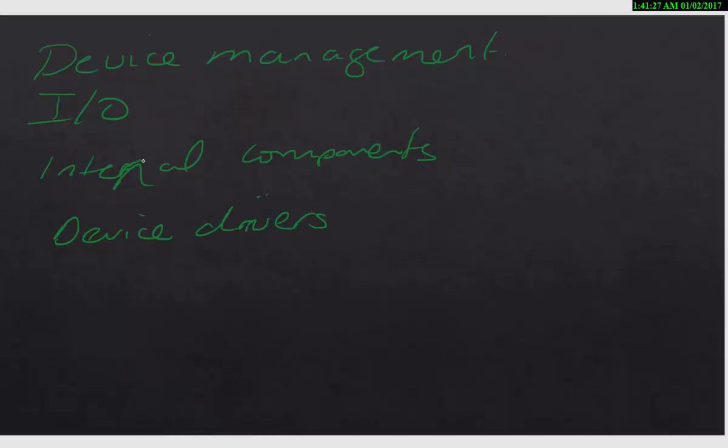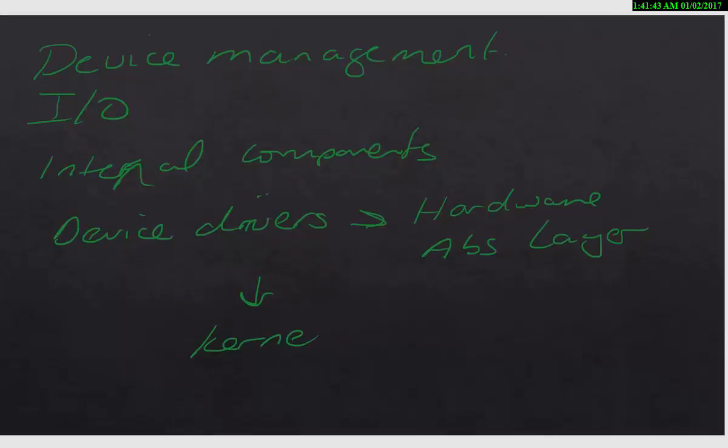Device management, well, you have your I/O devices, you have your internal components, and there are device drivers to worry about. So the operating system needs to convert that to the hardware abstraction layer, for example, in Windows, and it has to interact with the kernel.